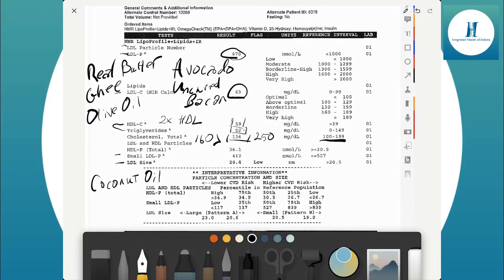And my favorite, we're going to come back to this in just a minute, because this person's lab is not real bad, but it is out of range. And so we have to start to really work at getting these things up.